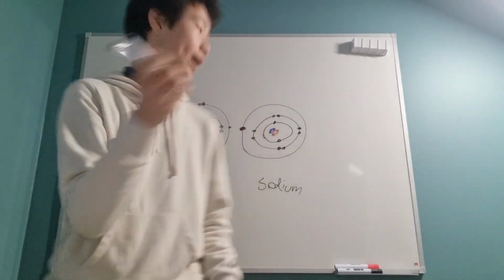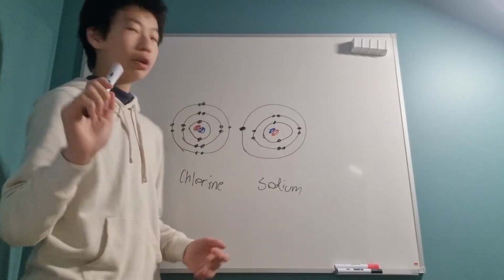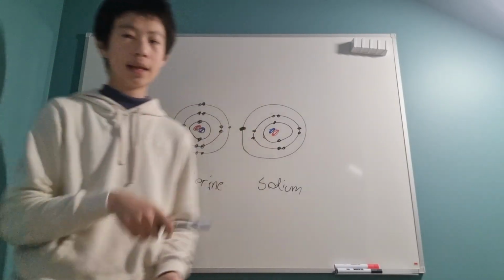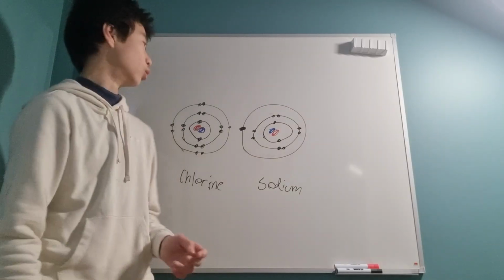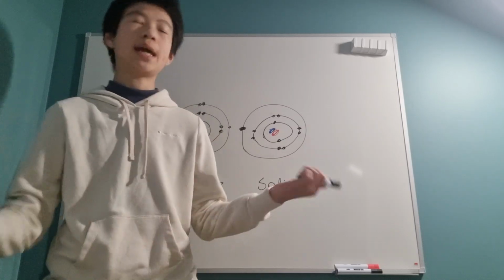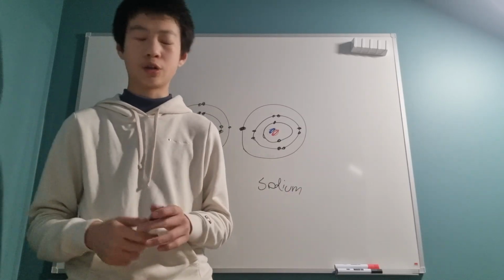Now, looking at the chlorine and the sodium, we notice something. The chlorine is missing 1 electron to fulfill the octet rule, while the sodium is missing 1 electron also to fulfill the octet rule.